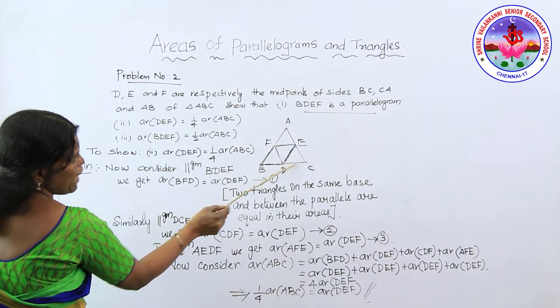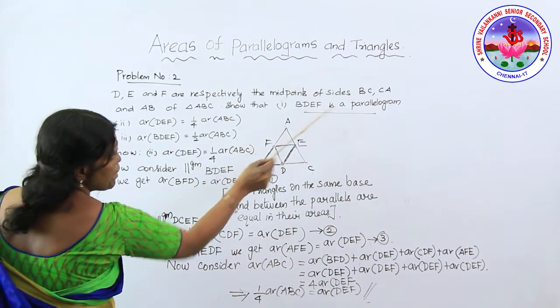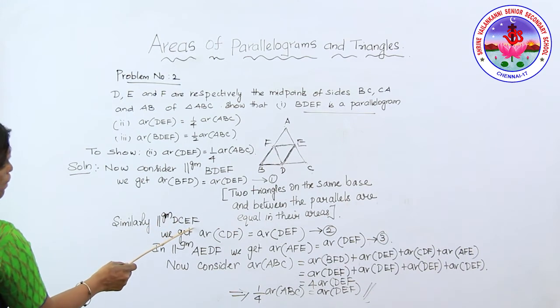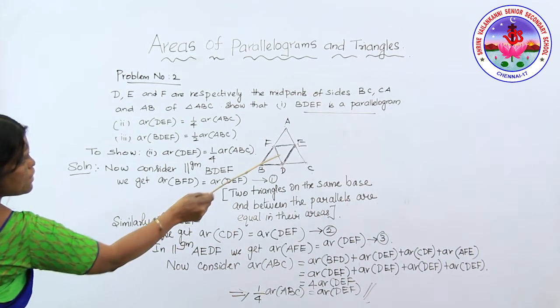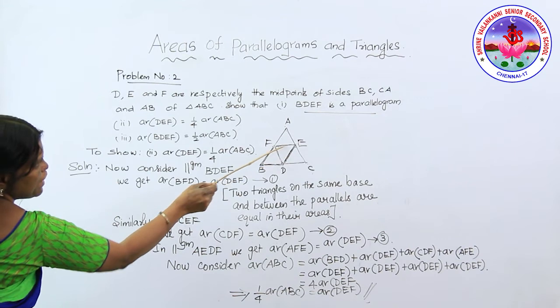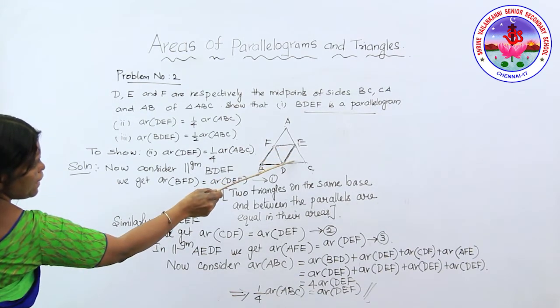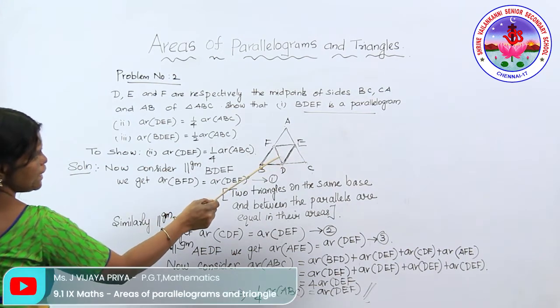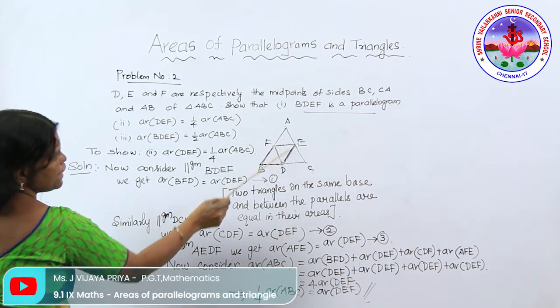So this forms a parallelogram as in the previous case. Now in parallelogram DCEF, two triangles on the same base and between the parallels have areas equal to each other. I am writing area of CDE is equal to area of DEF.